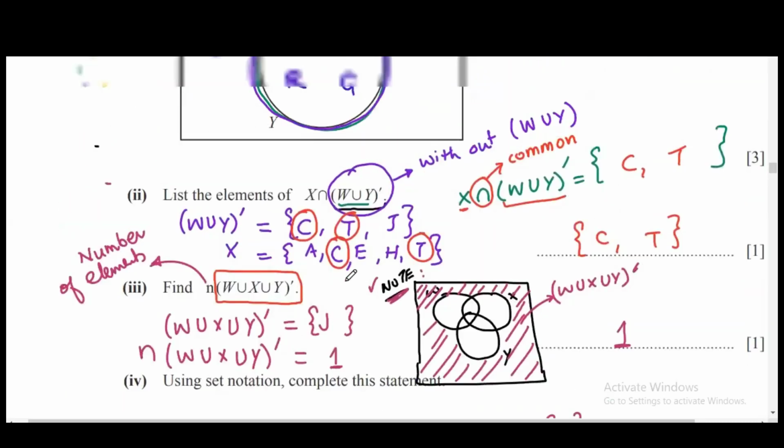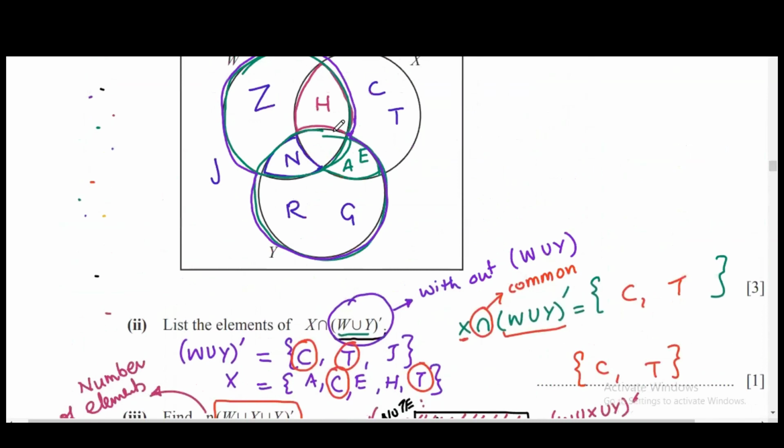So observe the diagram in part one. In part one, this region has no element. What is the subset of this region? The subset of this region is A. This is the common region of all the three sets, so X intersection Y intersection Z. X intersection Y intersection Z has no element here.